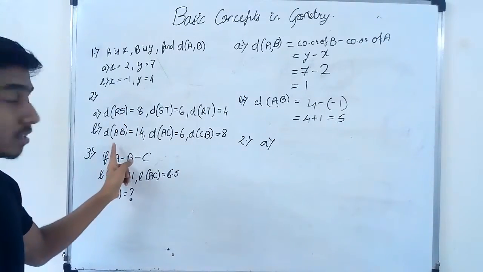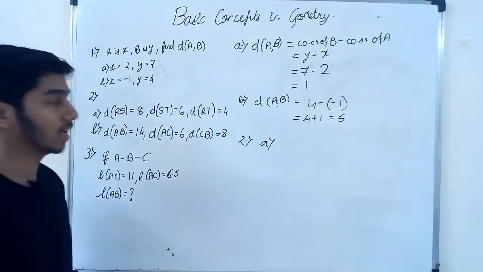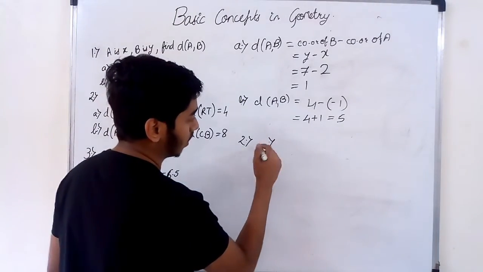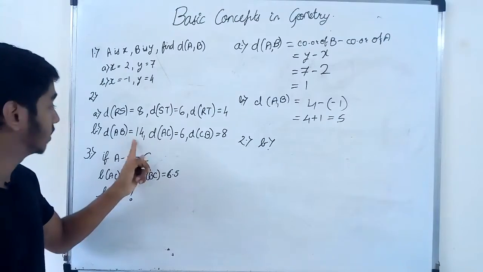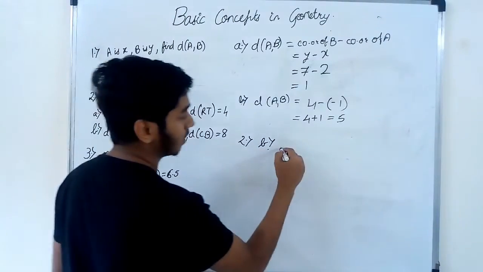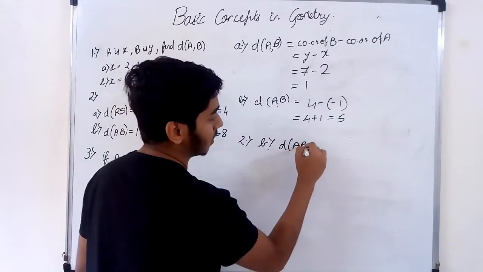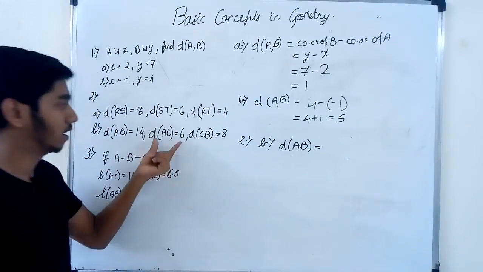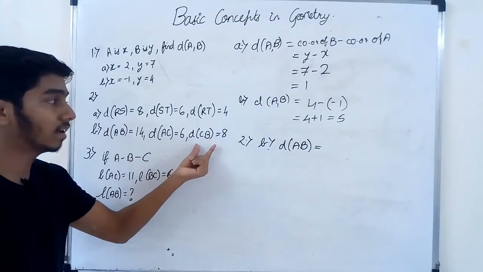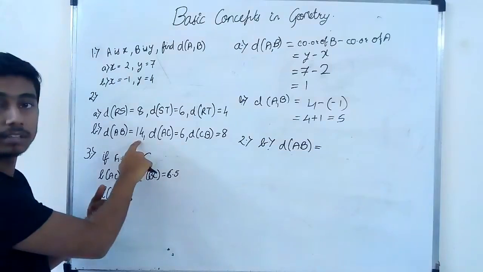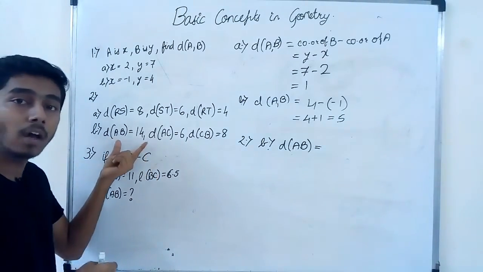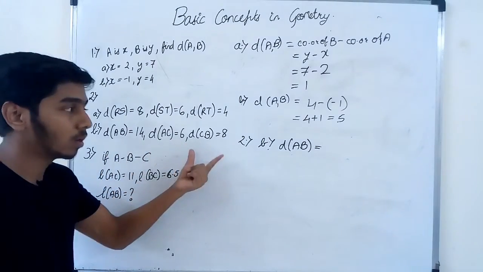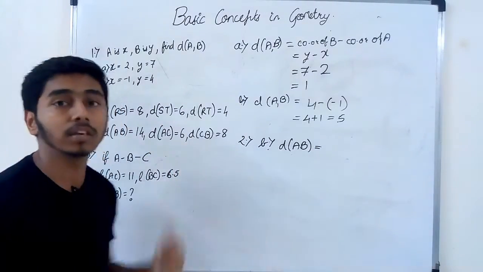Let's see first this B and then we'll see for A. Okay, if we see B, which one is the biggest one? It's AB. So we'll say distance AB equal to distance AC, and if you see 14, this is 14, right, the biggest one, and then keep that bigger one on one side and the smaller ones you add and you put it on the other side.